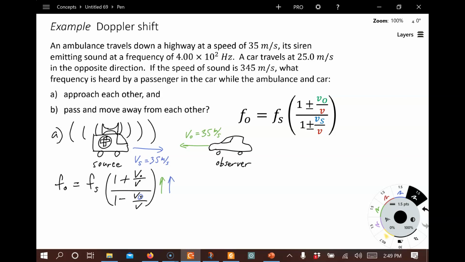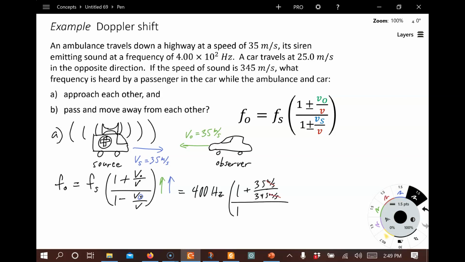And now we can go ahead and calculate the value here. So the source frequency emitted by the siren is 400 hertz. And we've got the speed of the observer divided by the speed of sound, 345. I can put in the units here if we want, but these are ratios, so they do cancel, which is nice.